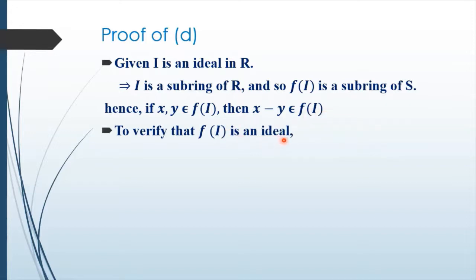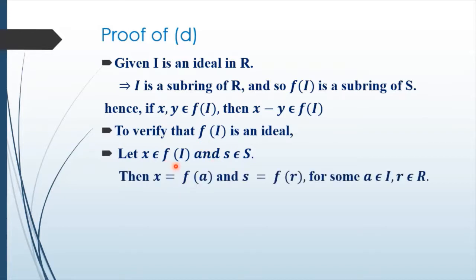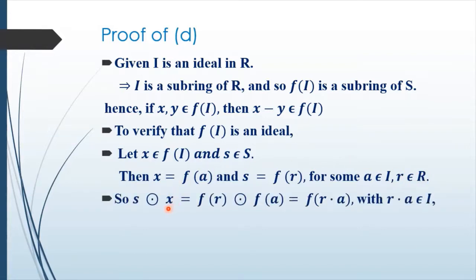To verify that f of I is an ideal, it remains to verify that if x belongs to f of I and s belongs to S, then x dot s and s dot x belong to f of I. For that, you take two elements, x from f of I and s from capital S. As x belongs to f of I, x will be of the form f of a for some a belonging to I, and s will be of the form f of r for some r belonging to R. So now you consider s dot x, which will be f of r dot f of a.